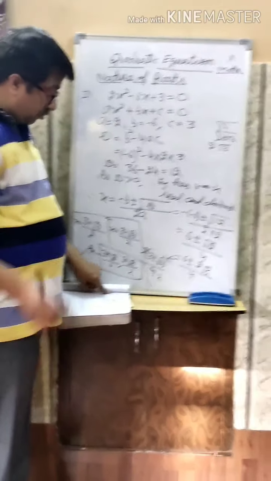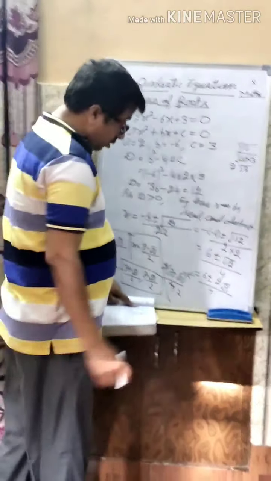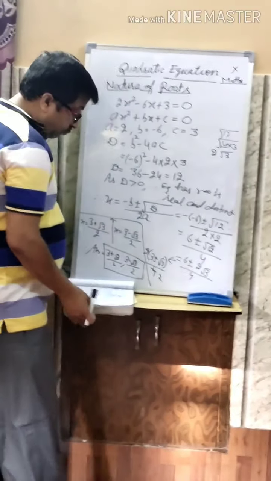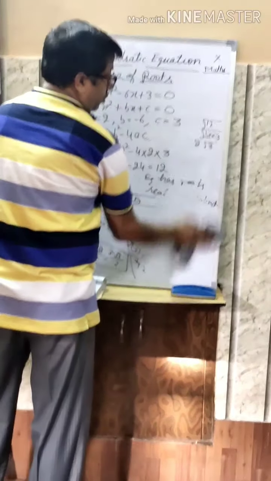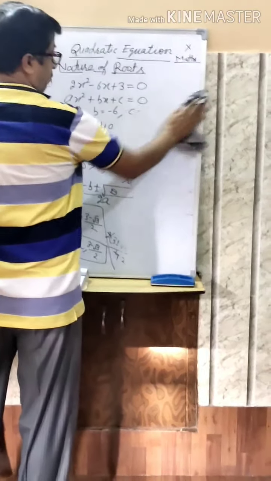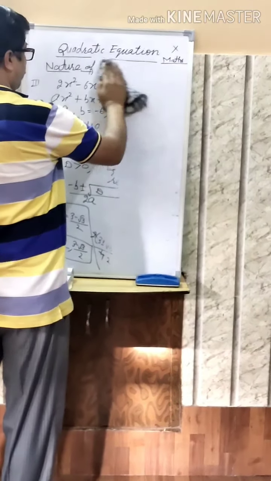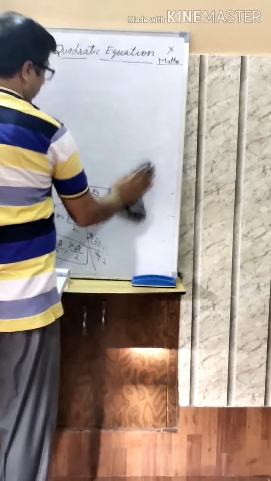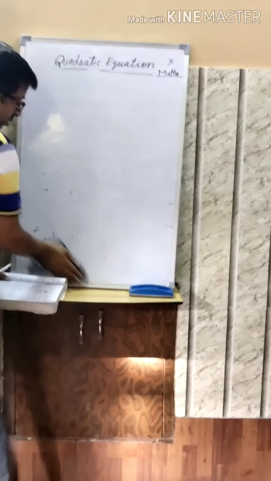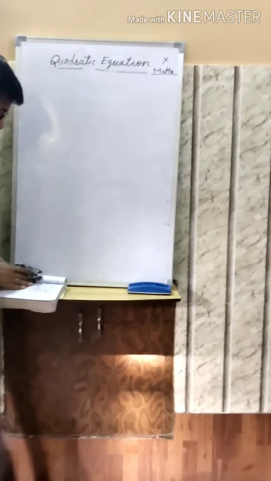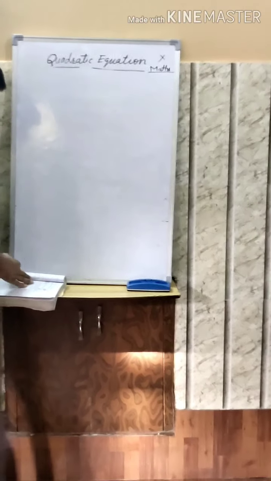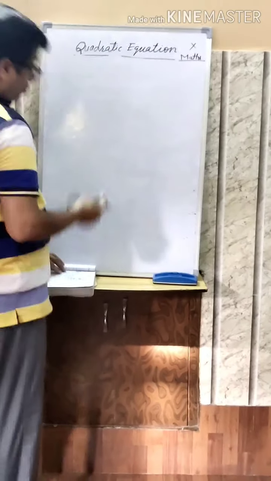So the second part is left. You will try it yourself. Now one more question, the second question also we are taking. In the second question it is given: find the value of k if the equation has equal roots.